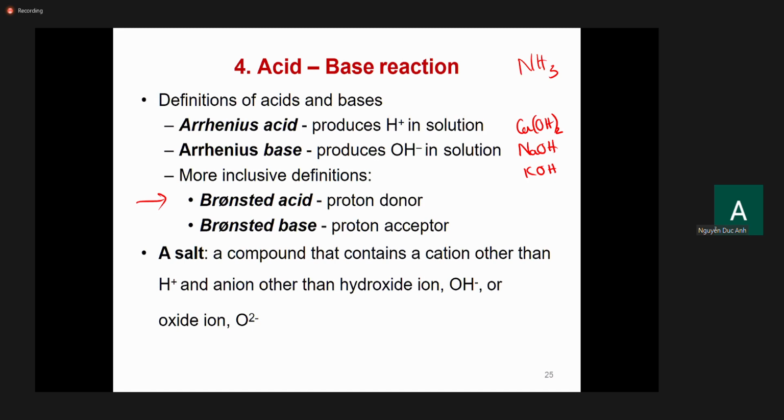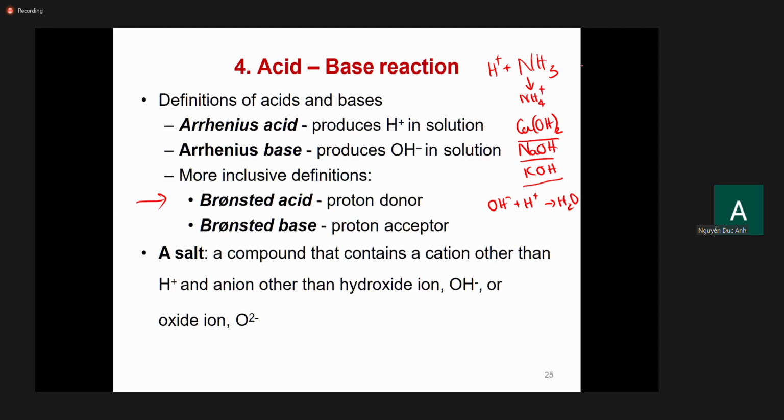So all of those that produce OH in solution can accept protons: OH minus plus H plus forms water. It also says that NH3 and a proton form NH4 plus.